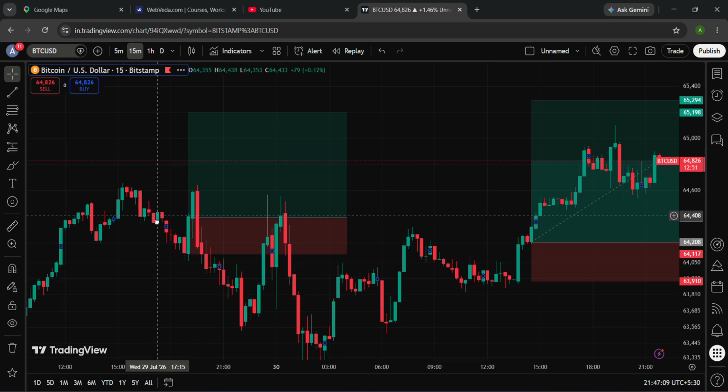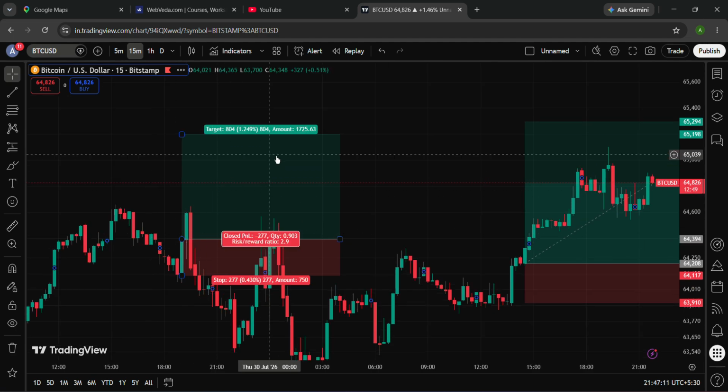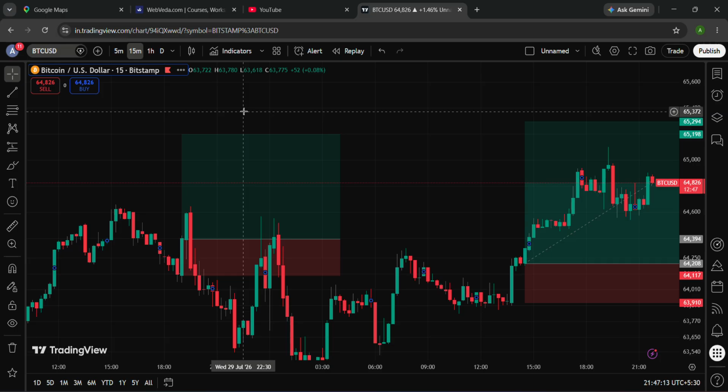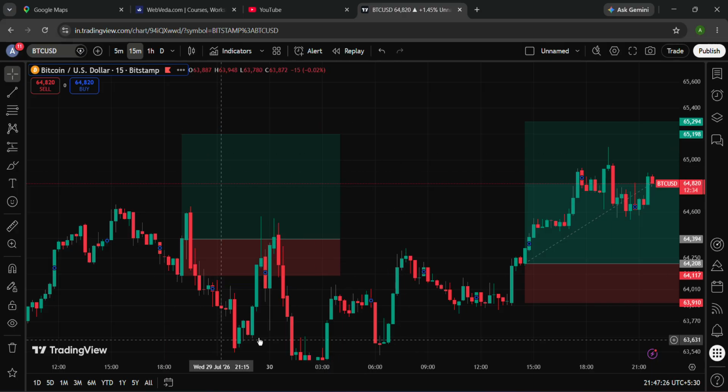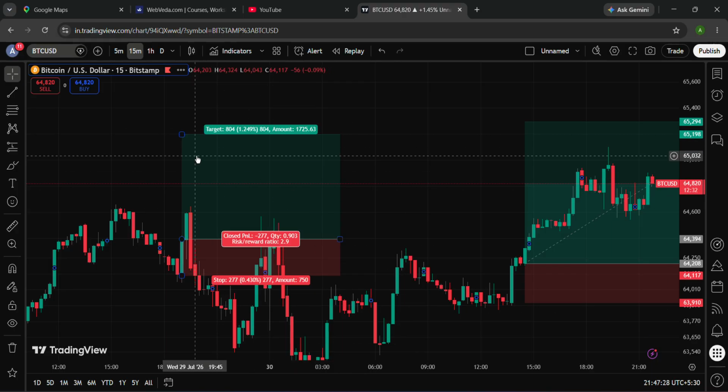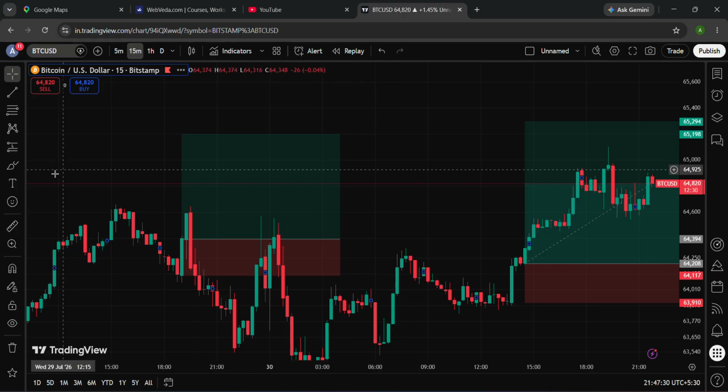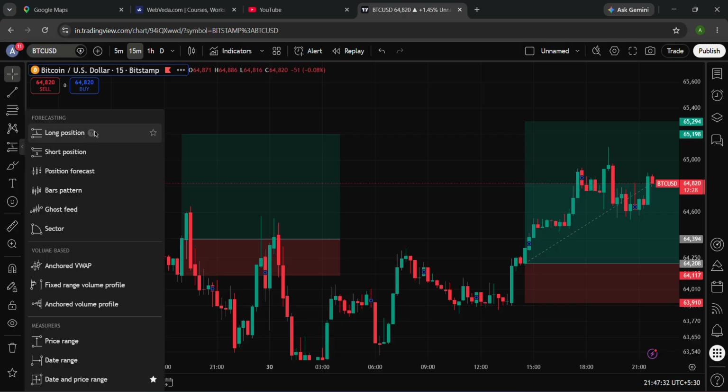That means if the price goes upward, I will earn 3 rupees, and if the price goes downward, against my trade, I will end up losing 1 rupee in contrast to earning 3 rupees. So that is the risk to reward ratio, and that is how long positions actually work.